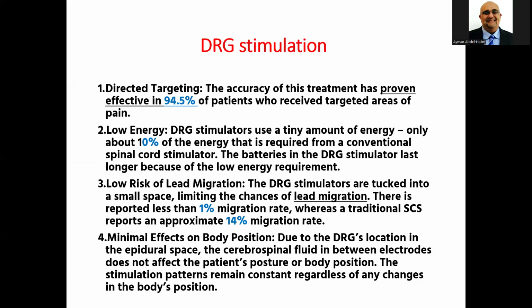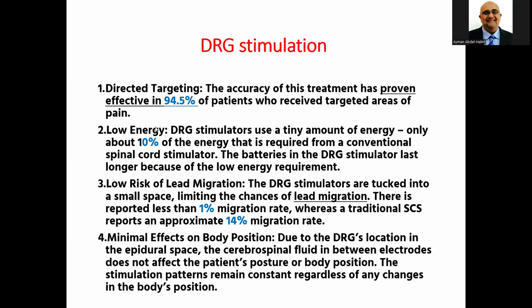What we call dorsal root ganglion stimulation. So what is the benefit of dorsal root ganglion stimulation? Number one, it's directed targeting. This has an accuracy of 94.5%.